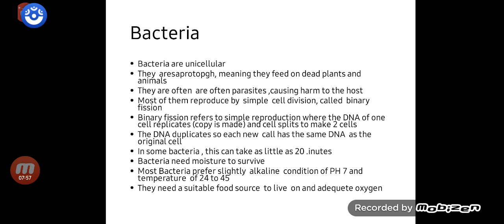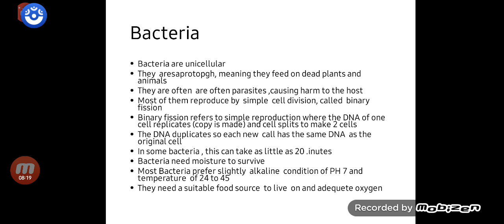Binary fission refers to simple reproduction where the DNA of one cell replicates and the cell splits to make two cells. The DNA duplicates, so each cell has the same DNA as the original cell.